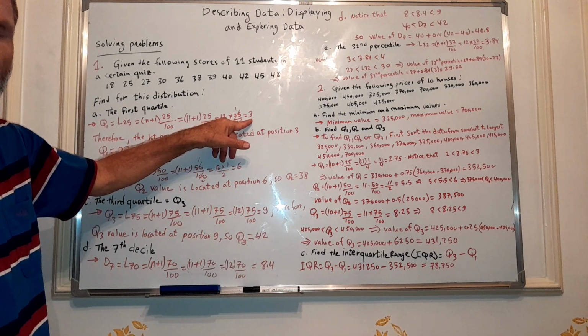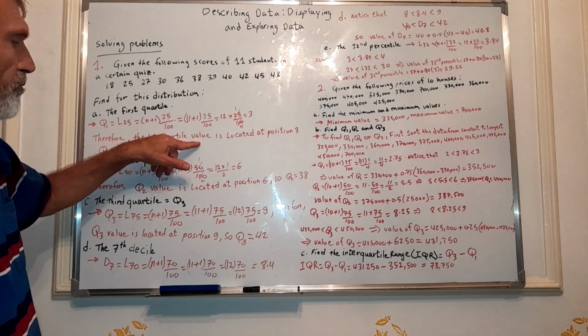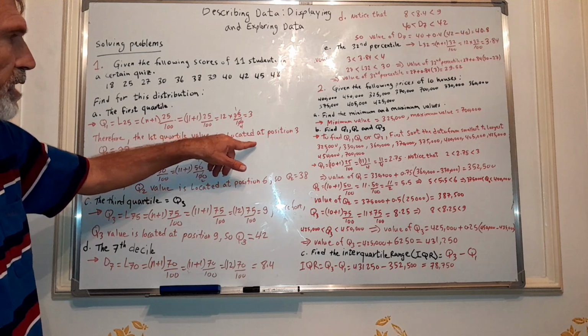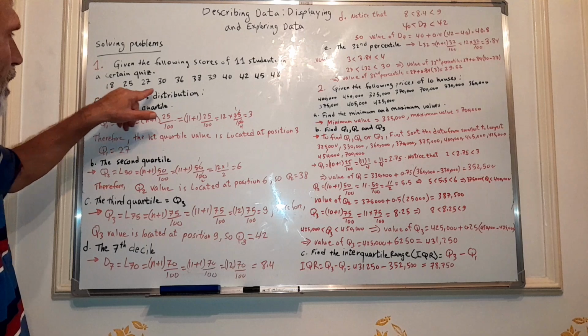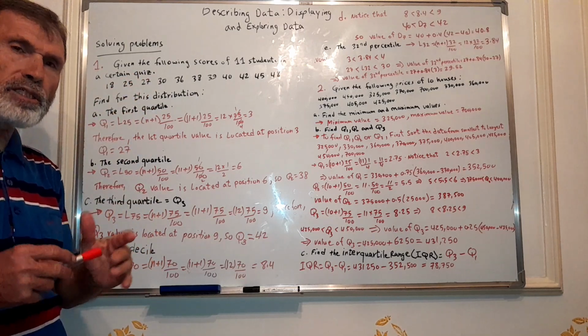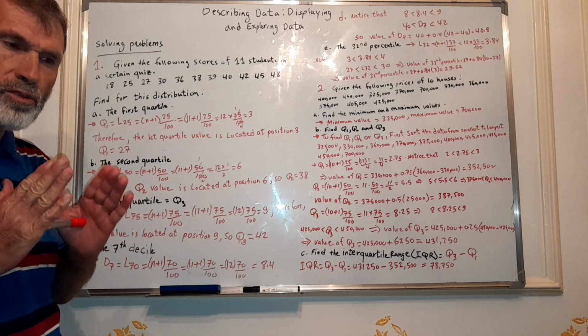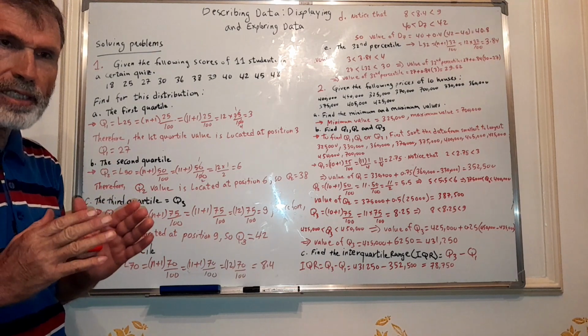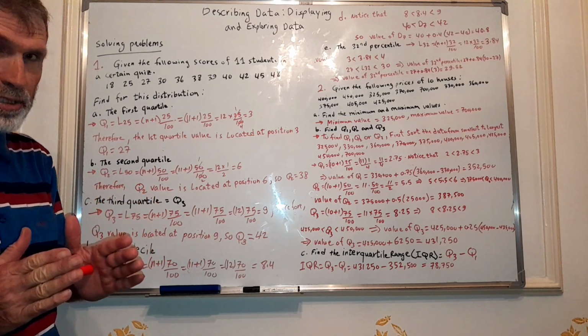The first quartile value is located at position 3. In order to get the value of Q1, you must make sure that the data is sorted from smallest to largest.